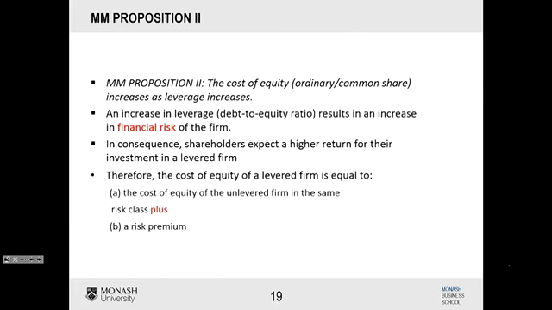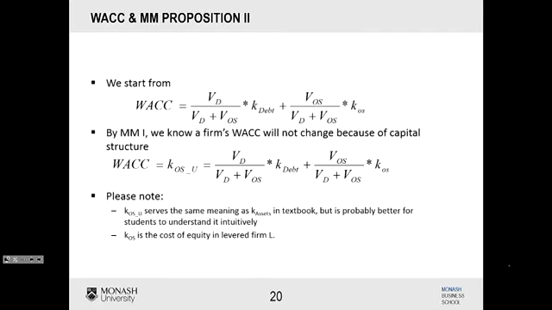In this case, if the firm increases its debt proportion compared to the equity proportion, the equity holder would require a higher return. I don't ask you to do the derivation at this level. I just want to show you a few steps.